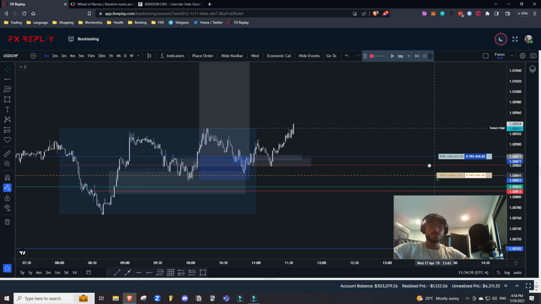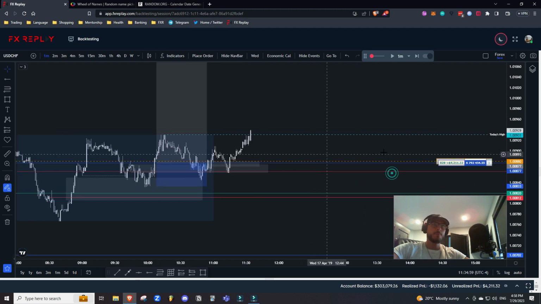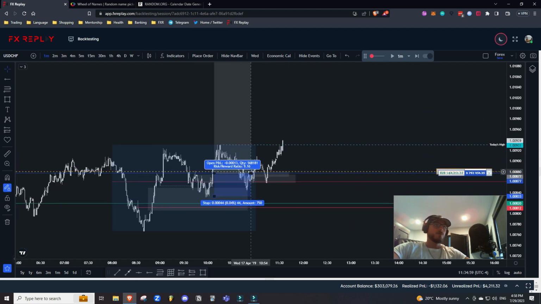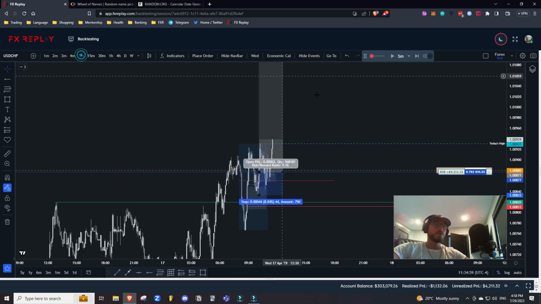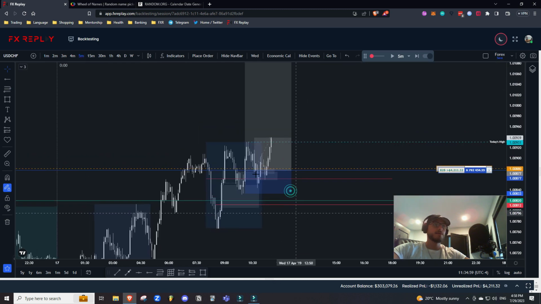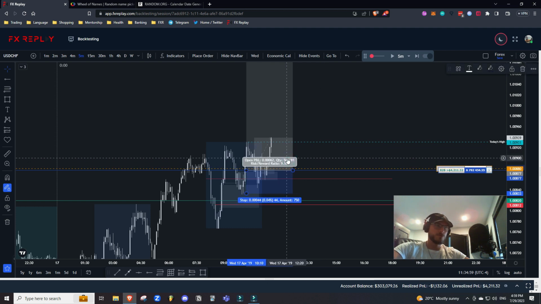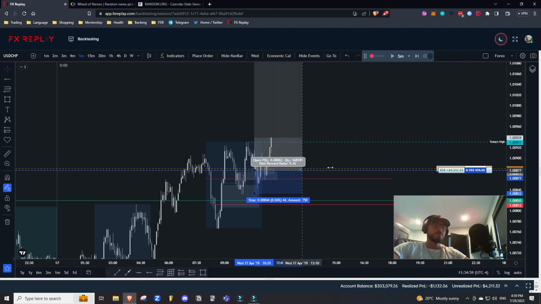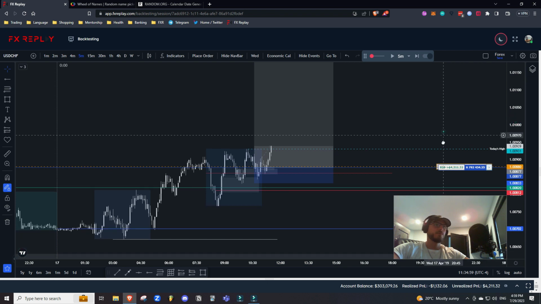There we go. Okay, so we can move our stops up. I don't like how it's consolidating here at the end of the day. We're in London close right now, so I don't want to be too greedy with the take profit.